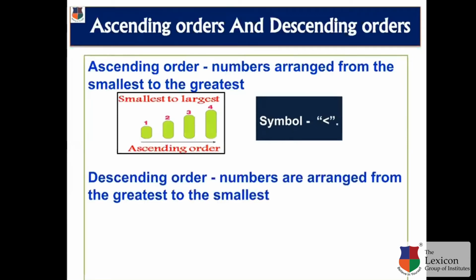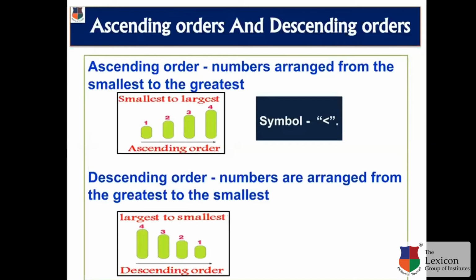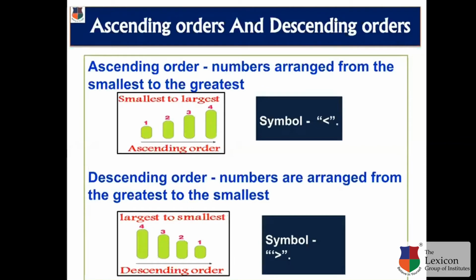Now, what is descending order? It is exactly the opposite of ascending order. Numbers arranged from greatest to smallest is called descending order. Look at this descending order. I have taken the same numbers, only I have arranged them in descending order. And this is the symbol which we use to represent the descending order.